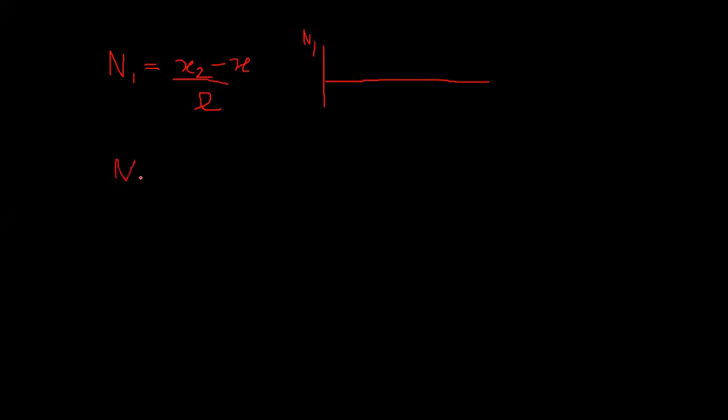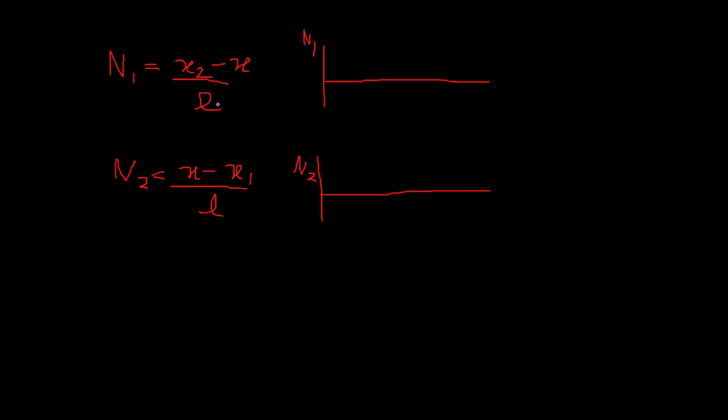And n2 is x minus x1 over L. At x equals x1, this n1 becomes x2 minus x1 over L. You know that x2 minus x1 is L, right?